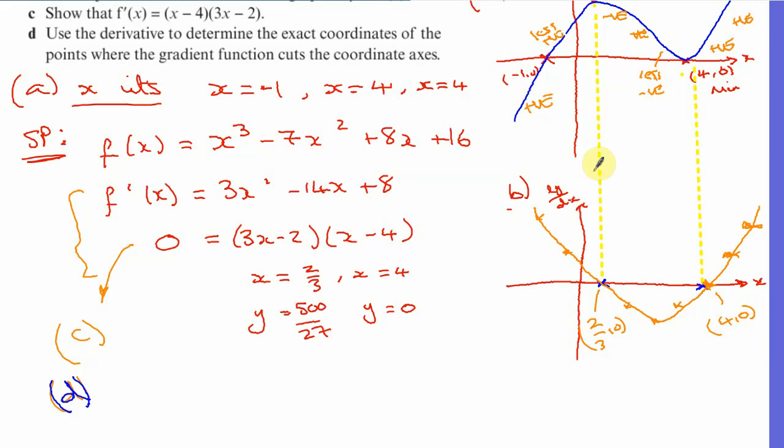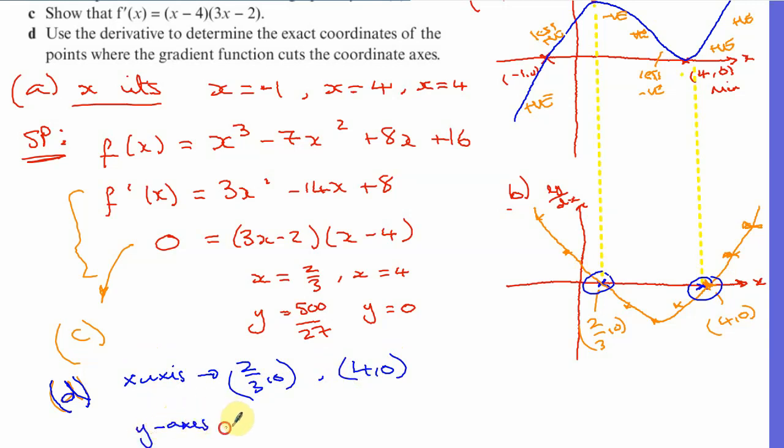By doing it this way, well, we know it's there and there, so it cuts the x-axis at 2/3, 0 and 4, 0, and it cuts the y-axis when x is 0. So what would y be when x is 0? It would be 8. So there we go. Them last 2 parts was a nice and simple end. So yeah, that's that question.